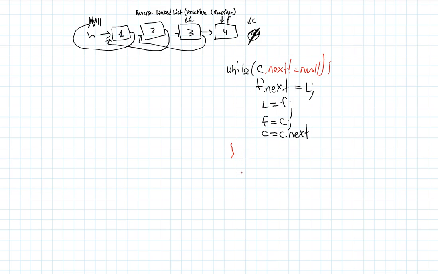So here we just say F.next will be equal to L, right? Because this is what we have now. So we will be pointing this to L, and also we have head here, still pointing to 1. We need that head to be pointed to C. No, to F. Okay, to F. So this way, this will be pointing to F.